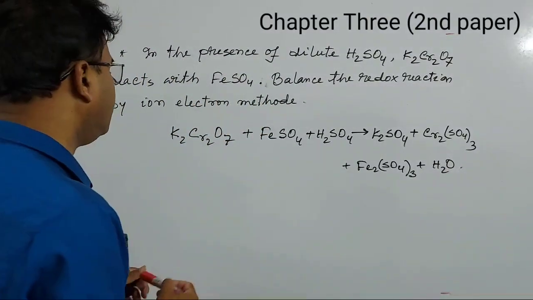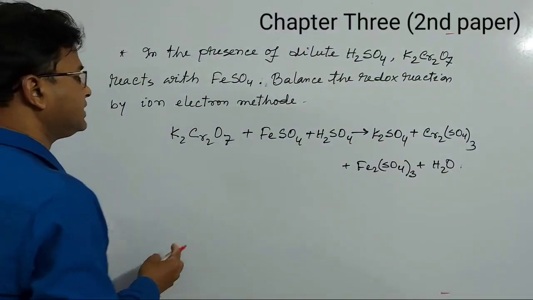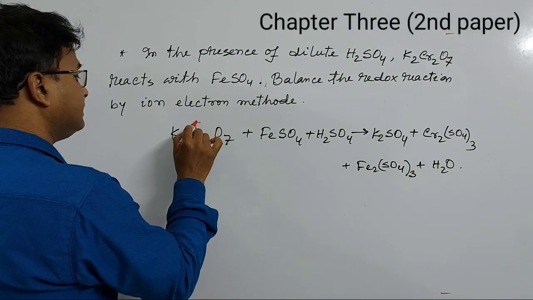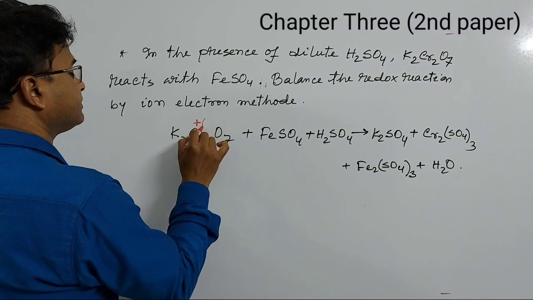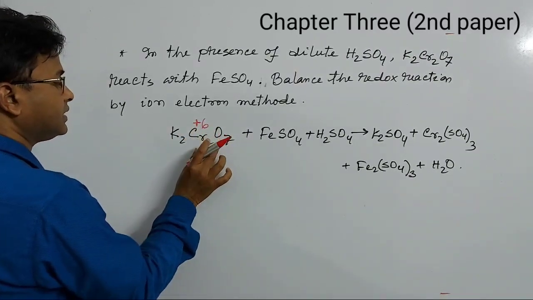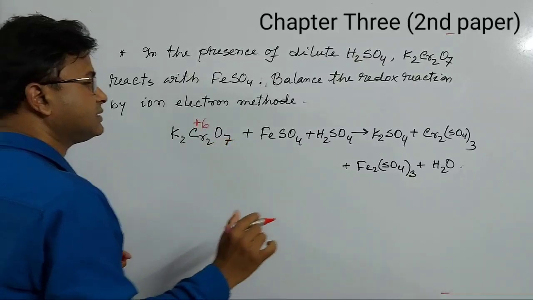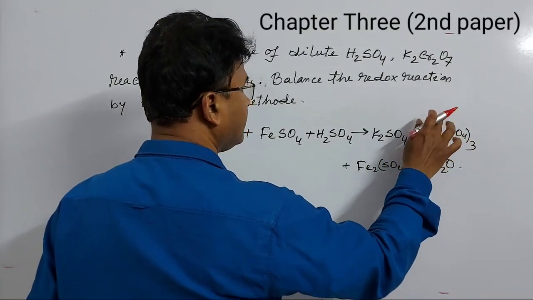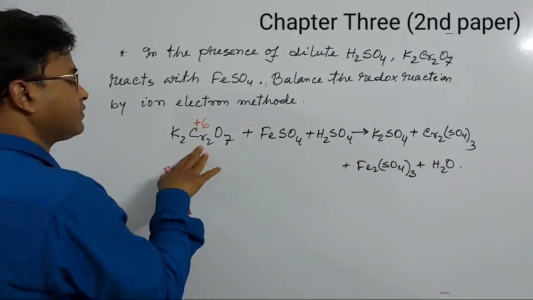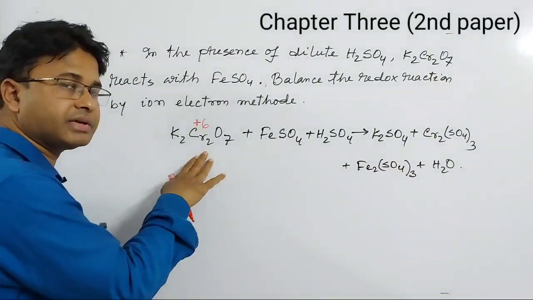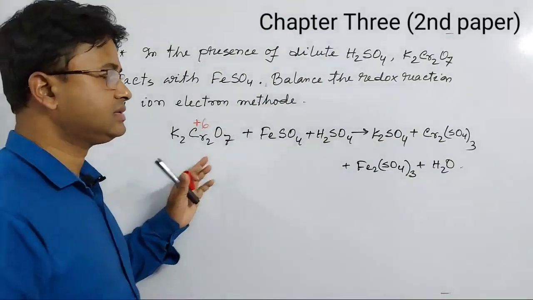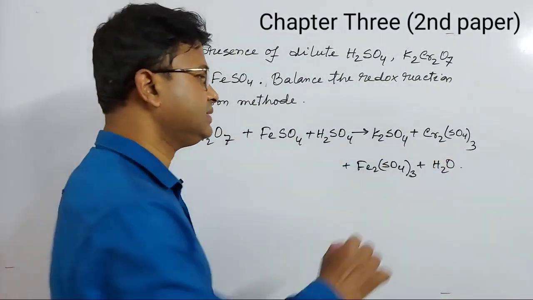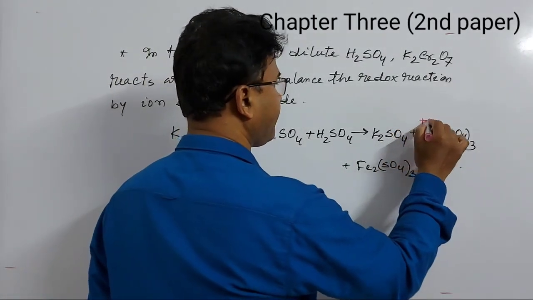Students, now I would like to mention some oxidation numbers of reactants and products. The oxidation number of chromium in potassium dichromate on the reactant side is +6, and the oxidation number of chromium on the product side is +3.